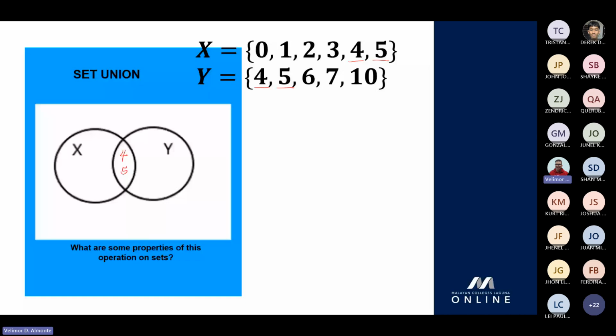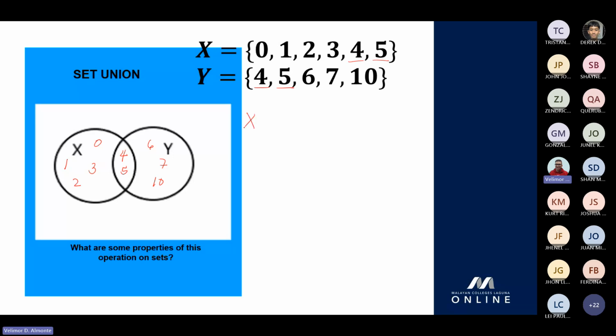Now, what else is captured by set X? 0, 1, 2, 3, but that is not captured by Y, so I'll place it here like that. Y on the other side, 4, 5, 6, 7, 10, so I'll place 6, 7, 10 on that side, right? So if I look at the sets, they have common elements.